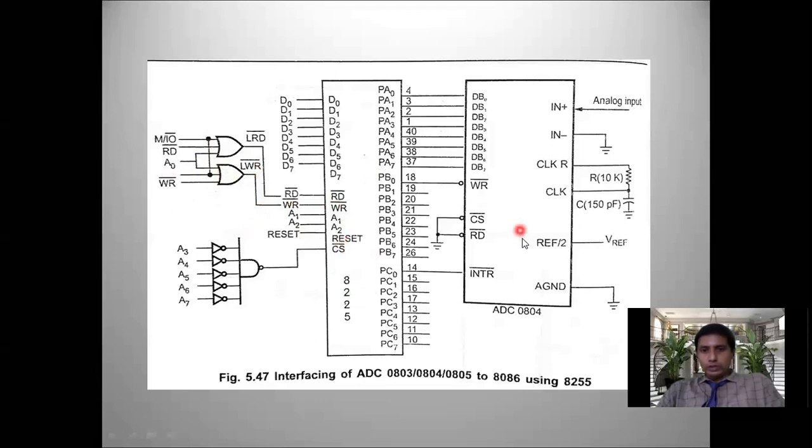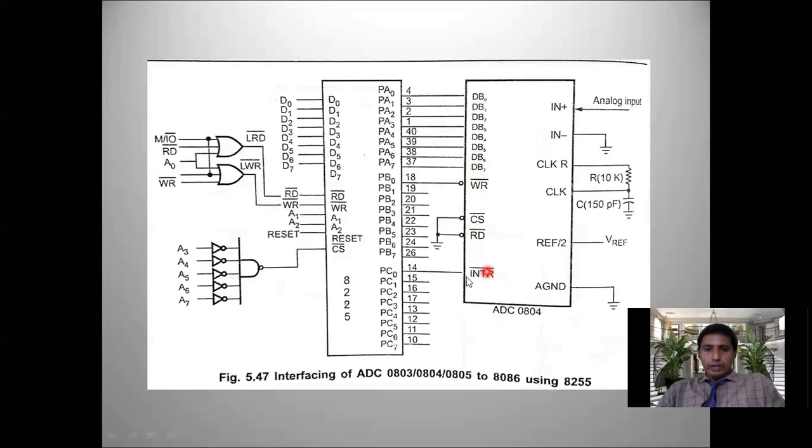Then 8255 is interfaced to the ADC. Here also, first we should activate CS bar and write bar. Whenever CS bar and write bar are activated, if you give an analog input, that analog input is accessed by the ADC. Then it will start converting analog data into digital data. During that time, INTR bar must be high. Whenever conversion is completed, INTR bar must be low, and we activate the read bar signal at that time.